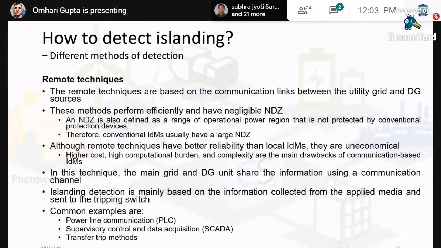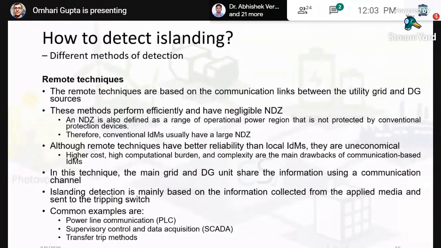Then comes the remote techniques. See, these remote techniques require installation of signal generators at the utility side and receivers at the DG side. Okay, and installation of those things makes this quite costlier, and it is not an economical way of detecting islanding.